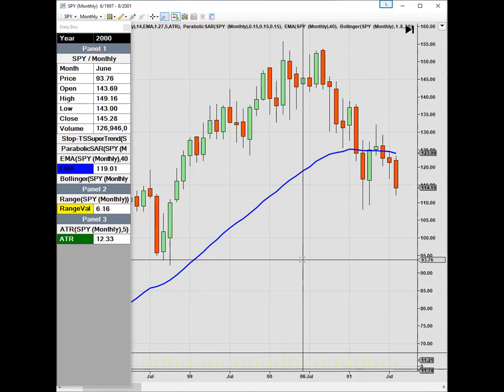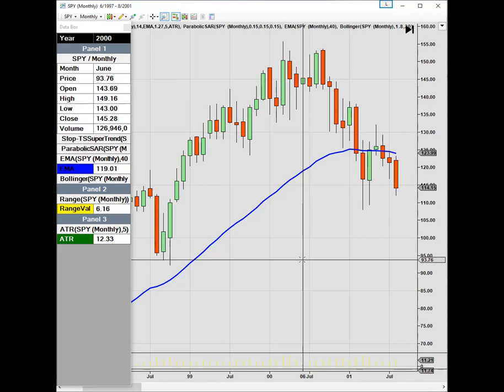How we started using the 40-period moving average was from Oliver Velez many years ago. I attended several of his workshops, and he had a 40-period moving average on all of his charts that he used as a line in the sand to help determine trend based on the position of the 40 compared to price. So we just started doing it, and it's worked really, really well for us.